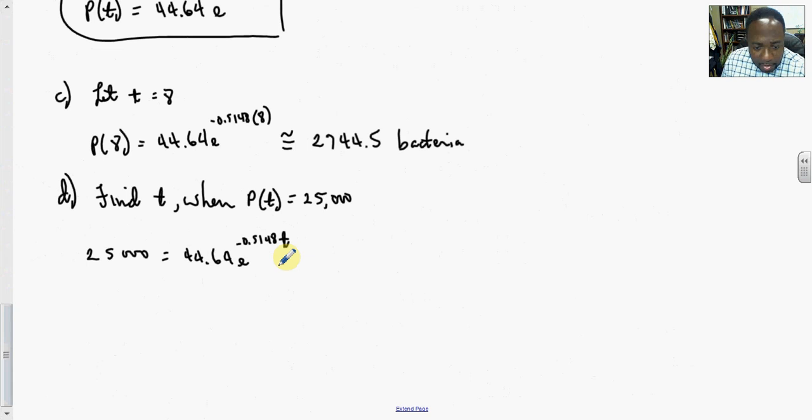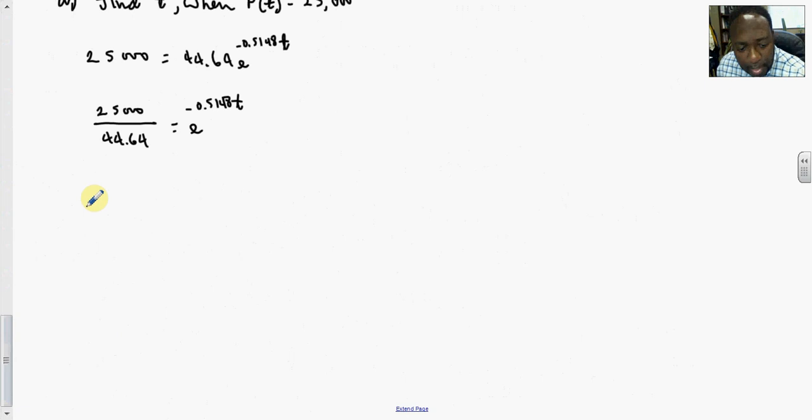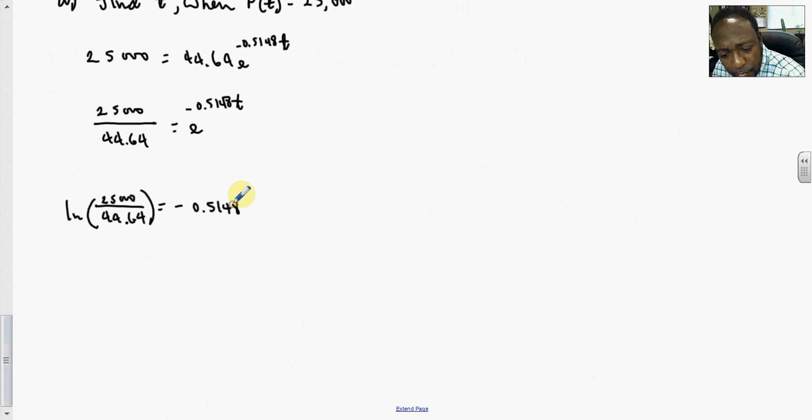So there we're going to divide both sides by that 44.64. That is equal to e to the negative 0.5148 times t. I'm going to solve for t. Take the natural log of both sides. So this gives us the natural log of 25,000 over 44.64, and that's equal to negative 0.5148t.